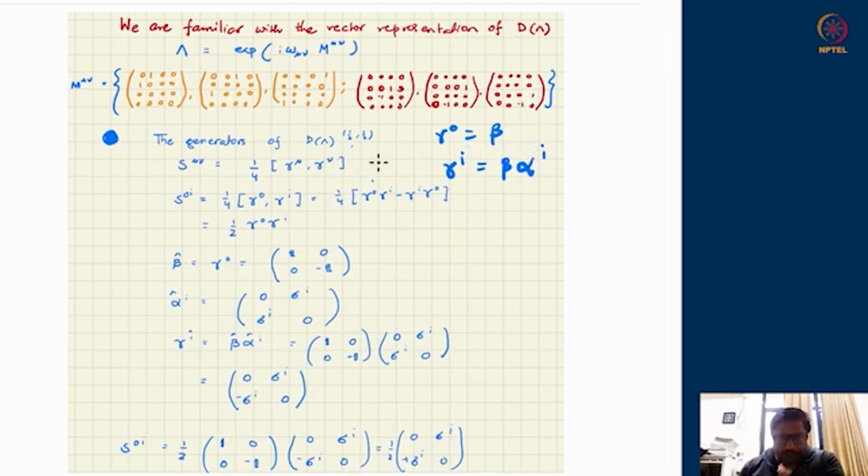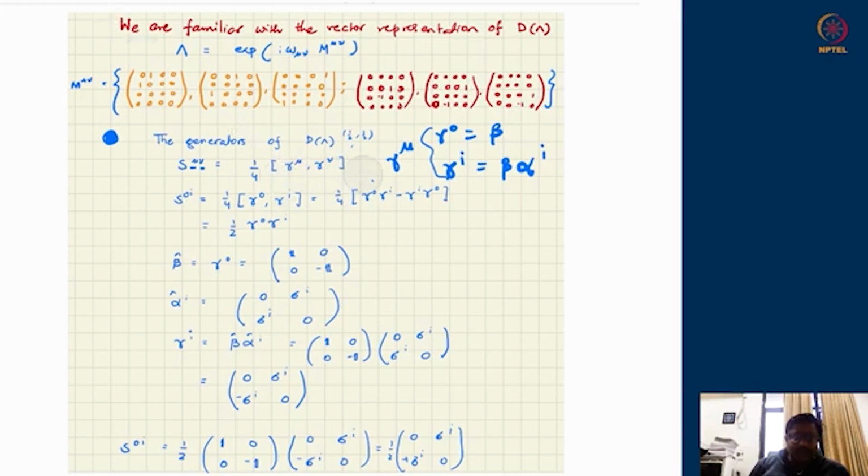The statement is, if I take the collection of gamma 0 and gamma i as gamma mu and take the commutator between the 2 gammas, gamma mu and gamma nu, where mu can take any value and nu can take any value, then I obtain a 2 index object. This is a rank 2 object because 2 indices are appearing, and it is antisymmetric as well because the commutator is antisymmetric.